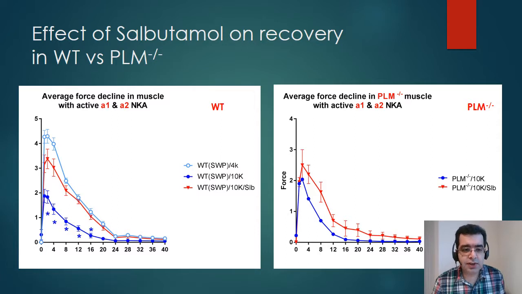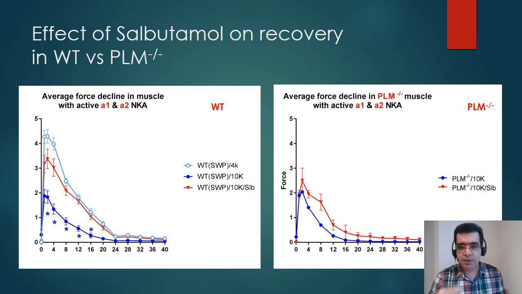The colored lines represent the average force developed by different groups of muscle. So overall, the higher the line is, the stronger the performance of that sample group.